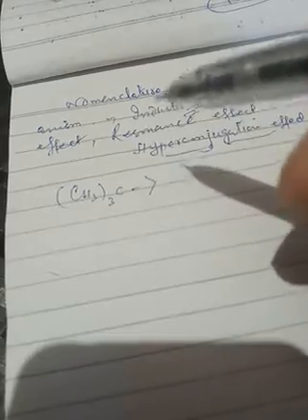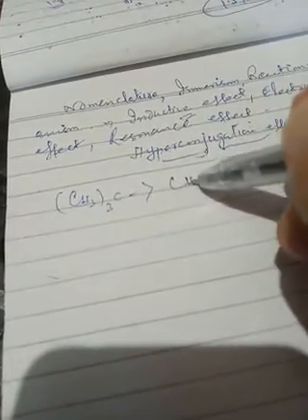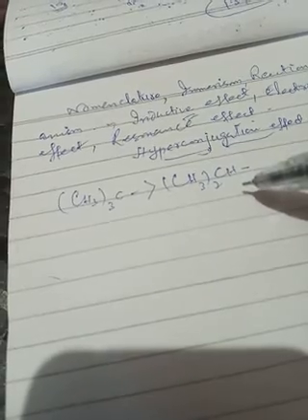The order followed in positive inductive effect is: (CH3)3C, the tertiary butyl group, has more positive inductive effect than (CH3)2CH, the isopropyl group, which has more effect than CH3CH2, the ethyl group, followed by the CH3 group. So this is the order of plus I effect.